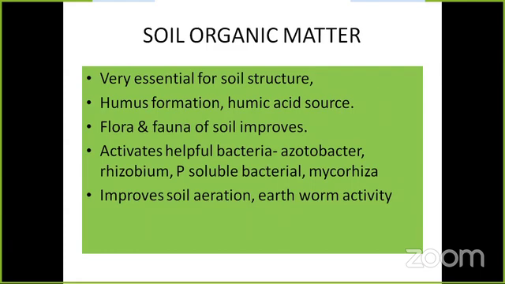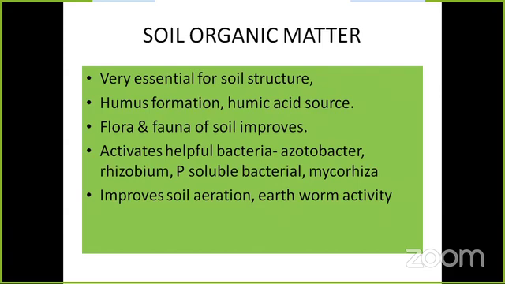It activates helpful bacteria like Azotobacter, which is nitrogen fixing, Rhizobium, nitrogen fixing, and phosphorus soluble bacteria. Mycorrhiza is a fungus which helps in greater absorption of nutrients by extending the root surface into the mycorrhiza's body.